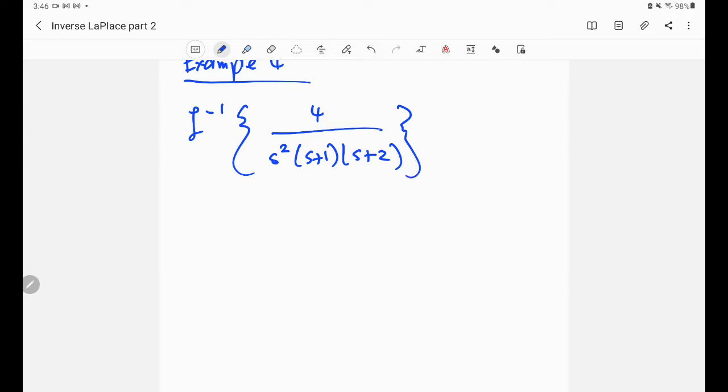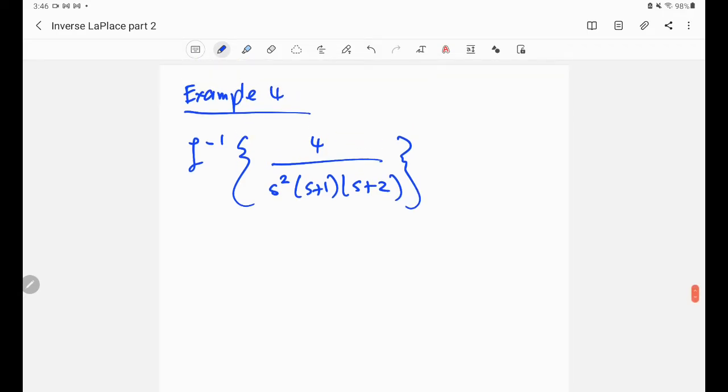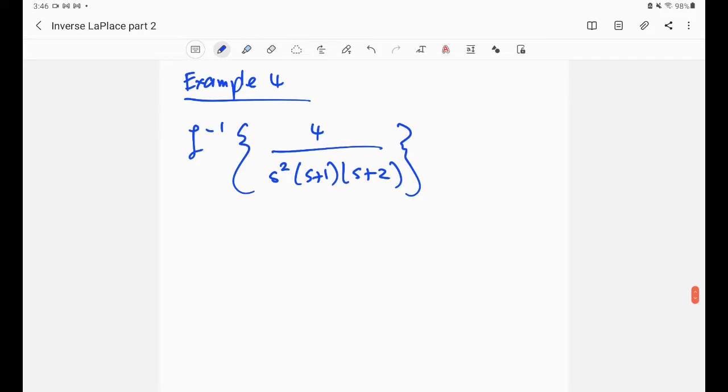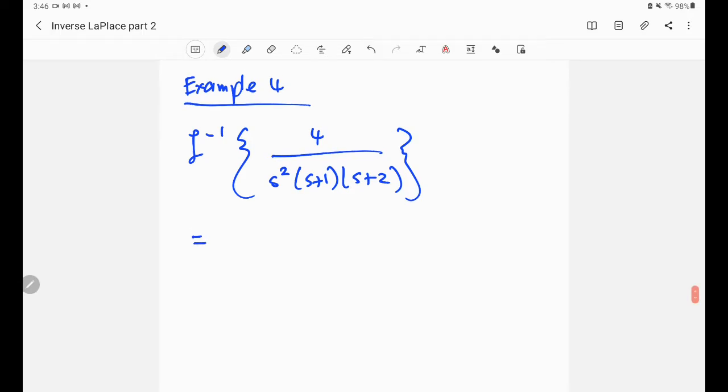You need to go through the rules of partial fractions. Normally we just did elements in brackets, s plus 1, s plus 2, so that one you can break directly into A and B. But in this case, where there is a repetition of the s, we need to break it into 4 parts.